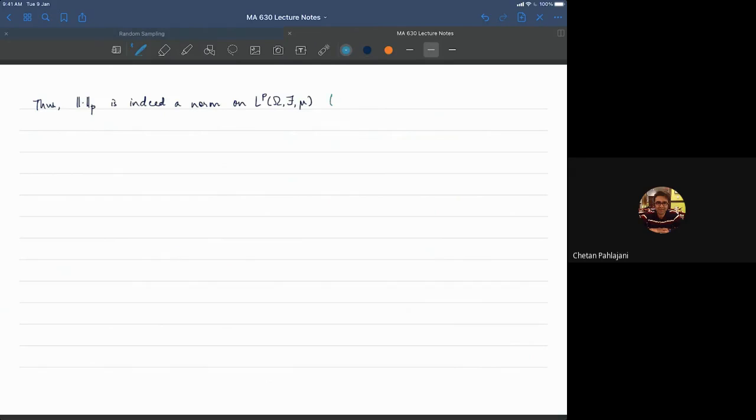And let's just for emphasis say where we have identified functions which are equal almost everywhere. Okay, which are equal mu almost everywhere.